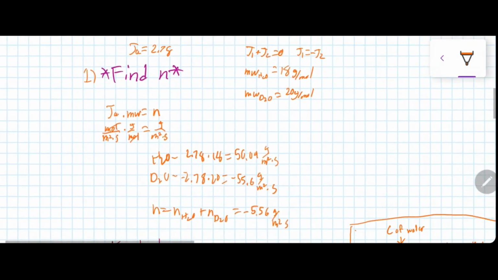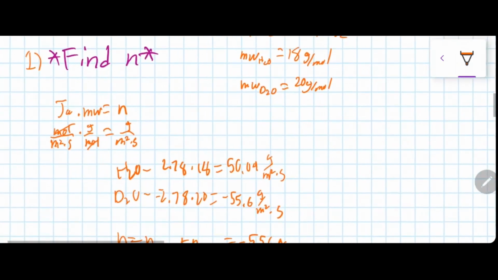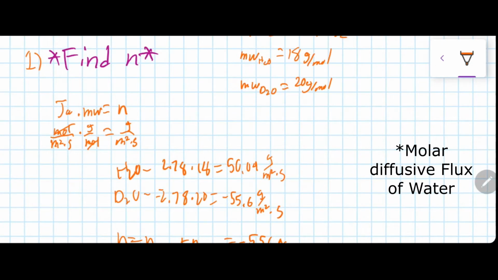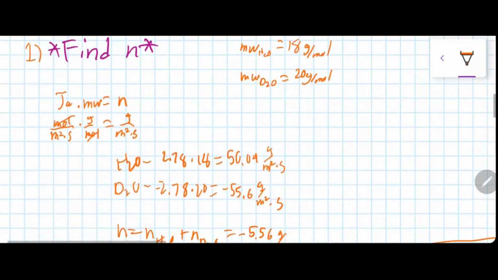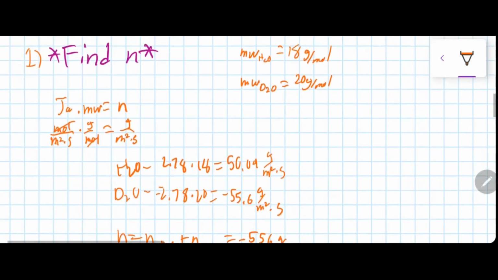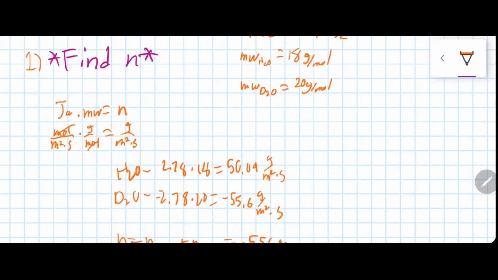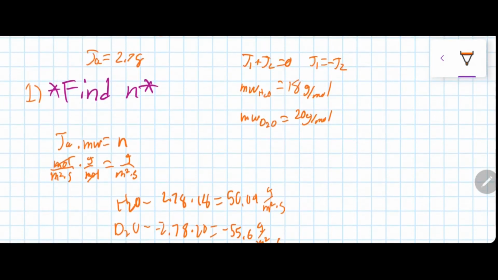So our first question here, we need to find the mass flux. So what do we have? We know the molar diffusive flux, which is J1, and we can find the molar diffusive flux of deuterium because we know that the molar diffusive flux of one substance in a binary system is equal to the negative of the other flux.